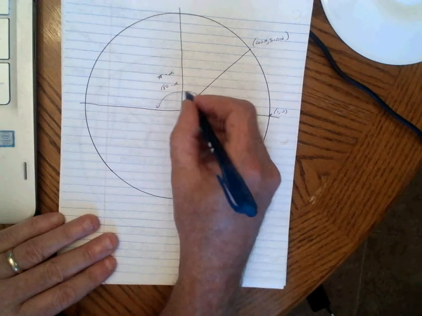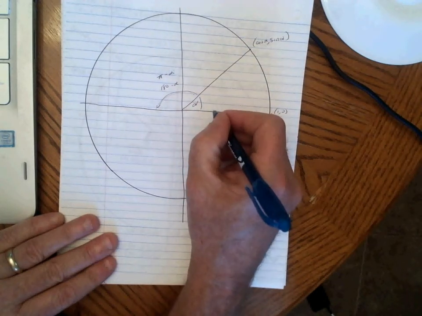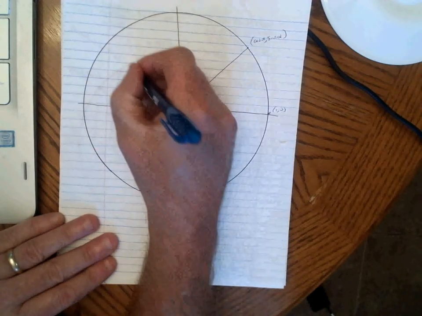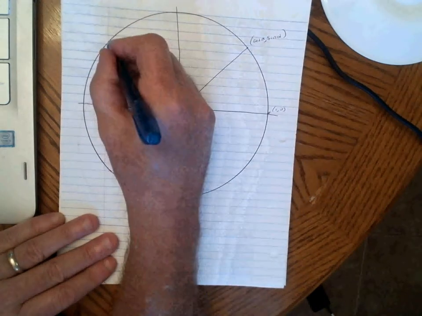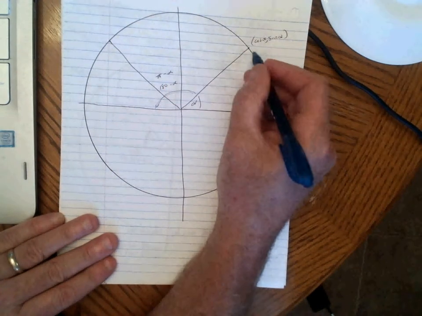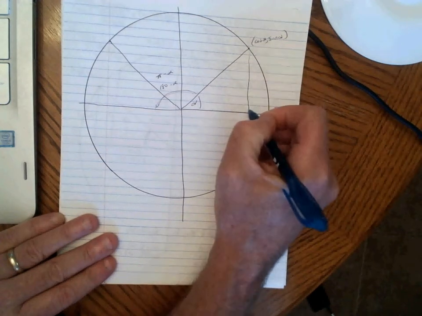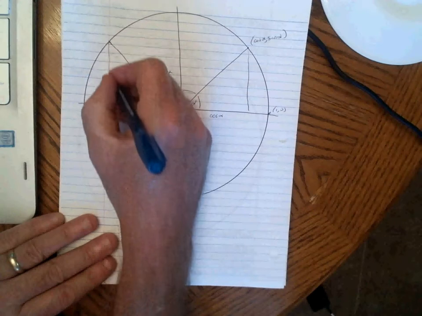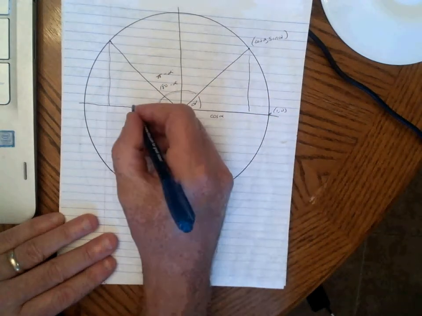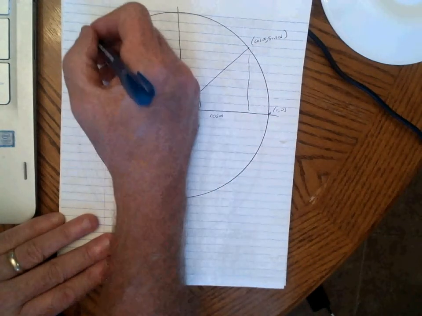But notice, if we took this angle and just started at 0, it would be a reflection of this angle across the y-axis. So the cosine of alpha, this distance would be congruent to this distance.